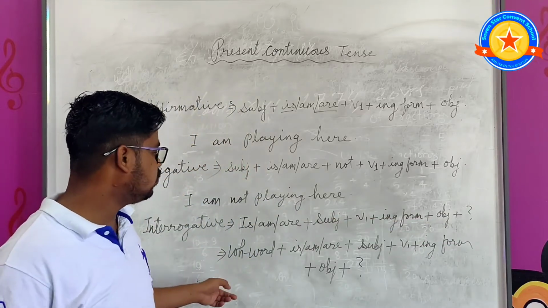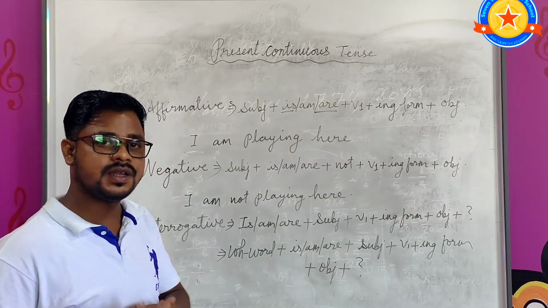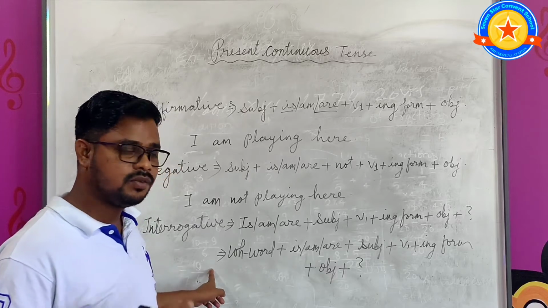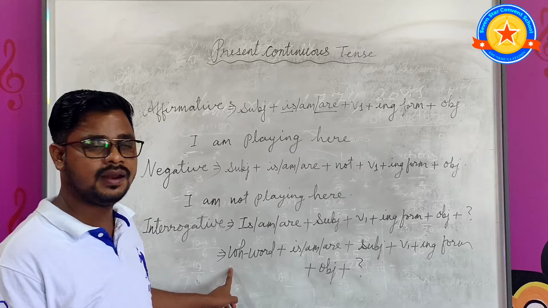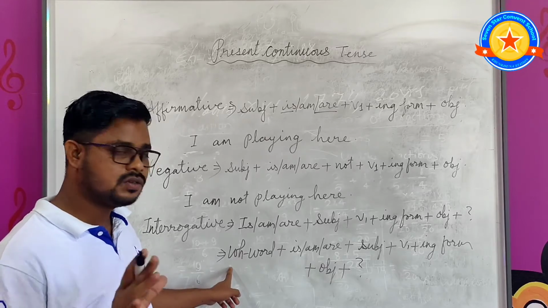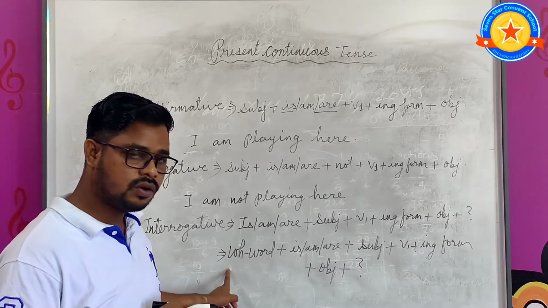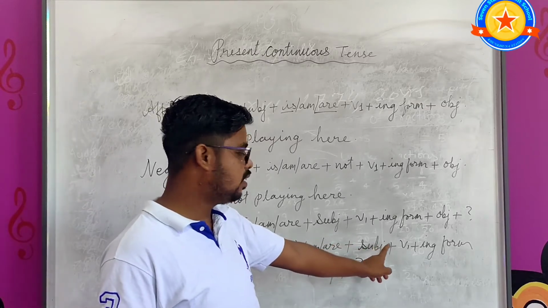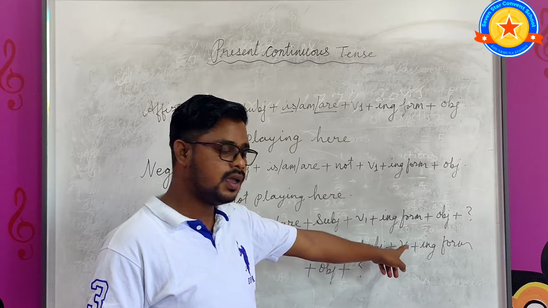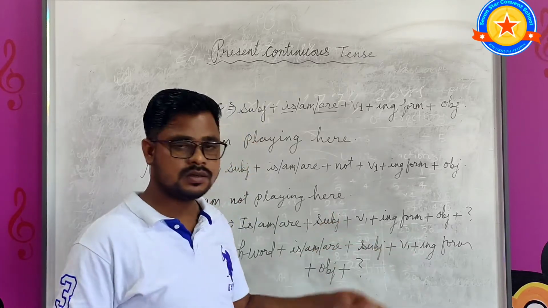And in WH type, first we write the WH word: what, how, why, who, where, which, etc. These words are written before is, am, are, and after is, am, are the subject is written, and after the subject the verb ing form plus object plus question mark.